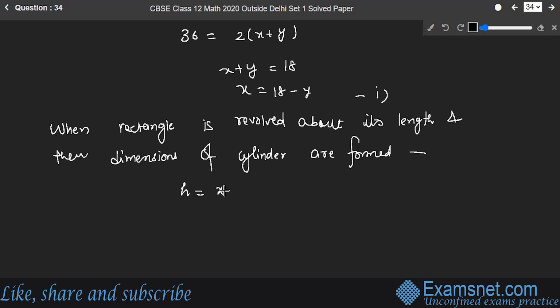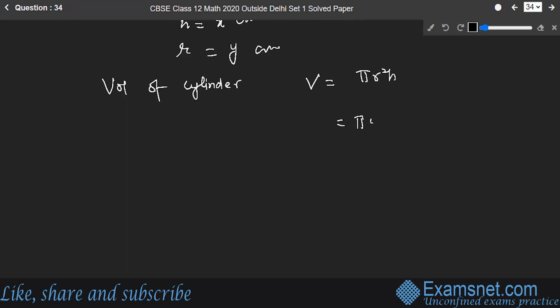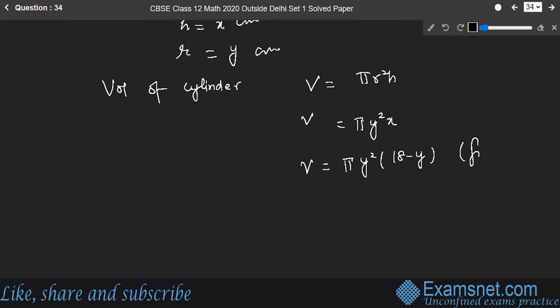Then h becomes equal to x and the radius of the cylinder will become the width. In that case, what will be the volume of the cylinder? You know, volume is equal to pi r square h. This is the formula. And what is r? That was equal to y and h was equal to x. So V is equal to pi into y square into (18 minus y). I have used over here the equation from 1.